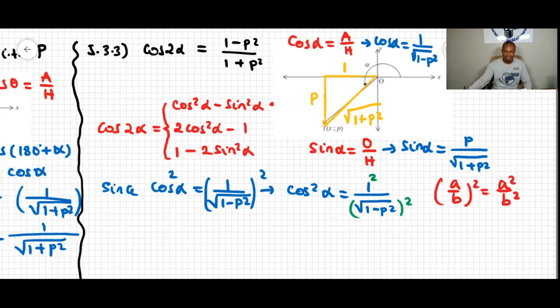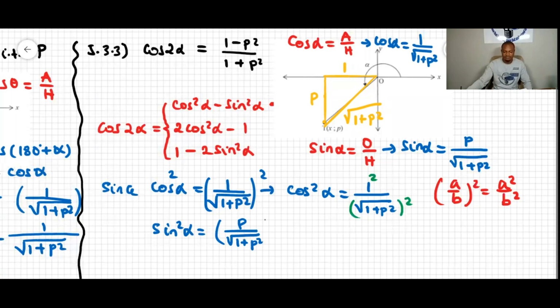Now, therefore sine squared of alpha would then be p over square root of 1 plus p squared. Excuse me, 1 plus p squared, plus, not minus. I wrote accidentally minus instead of plus.